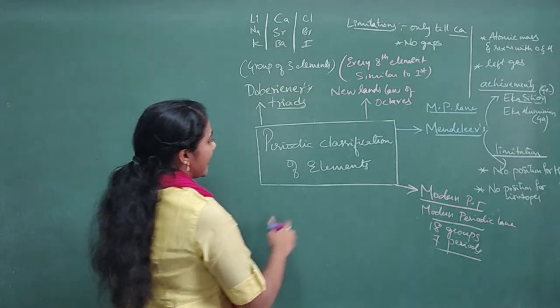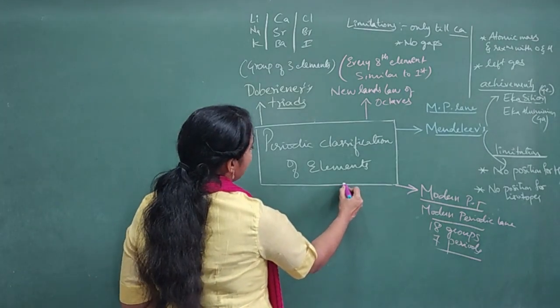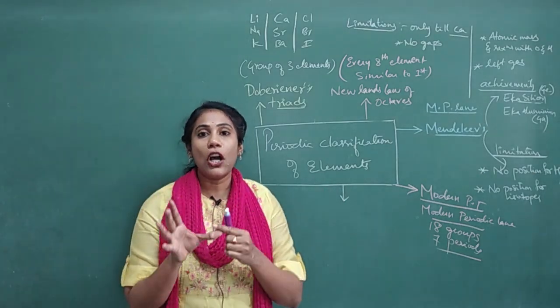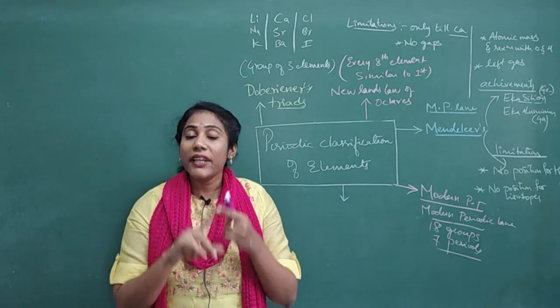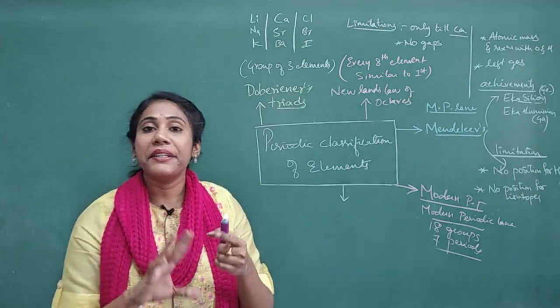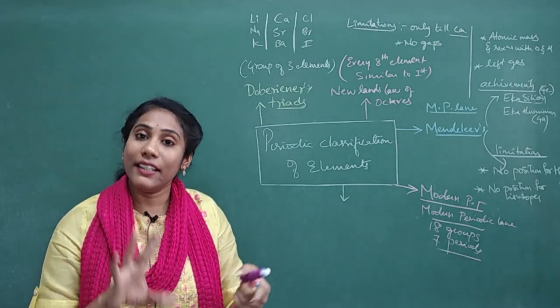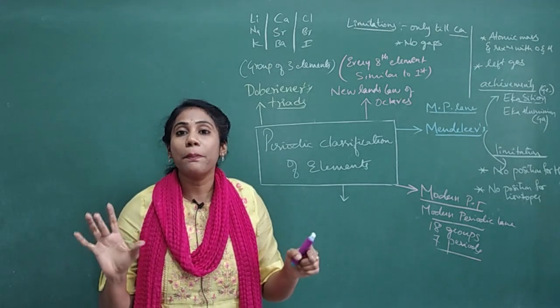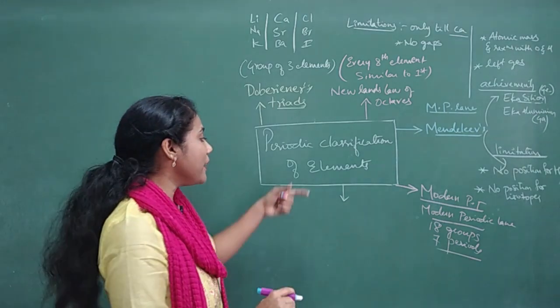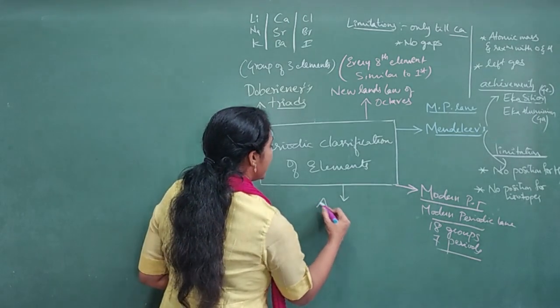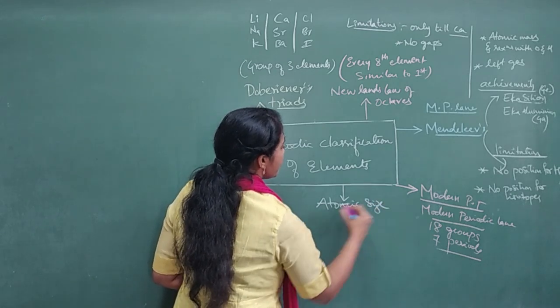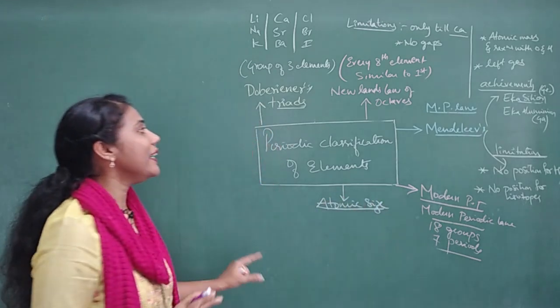Next are our periodic properties. We will talk about atomic size, valency, metallic character, non-metallic character, and electronegativity. This is the most important topic of this chapter. The first periodic property is atomic size. You must know what we mean by atomic size.